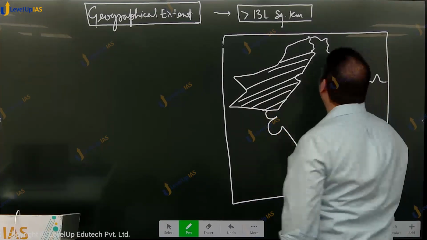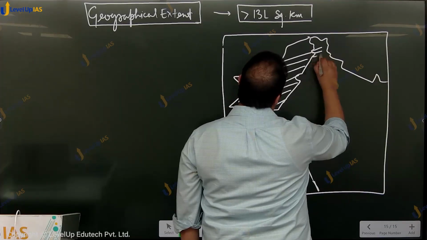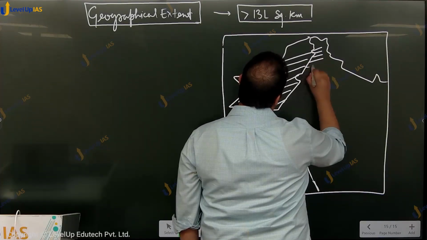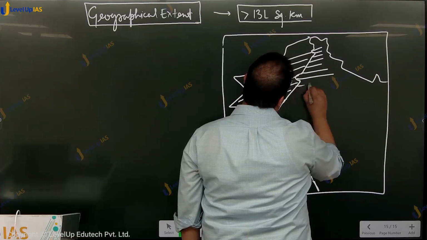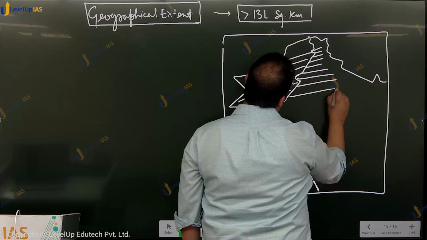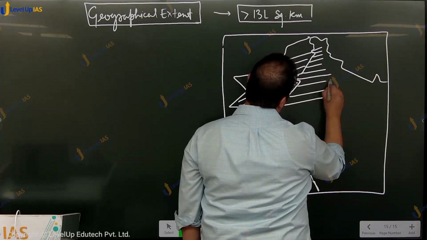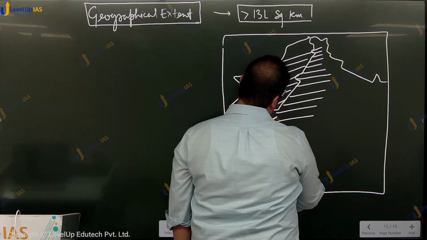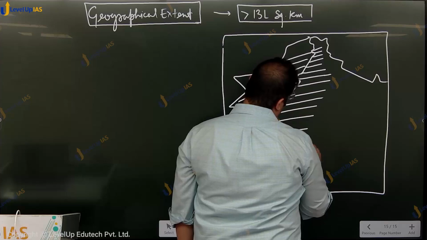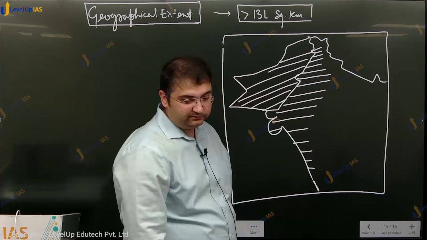In India, it stretches from Jammu and Kashmir to Punjab to Haryana to Western UP, including Rajasthan, Gujarat, and present day Maharashtra. Right?